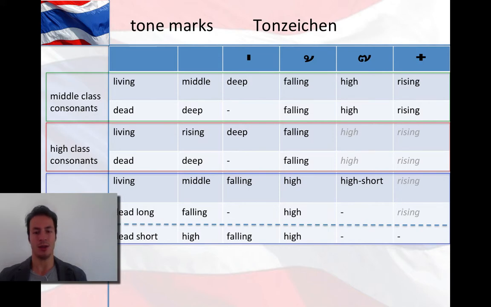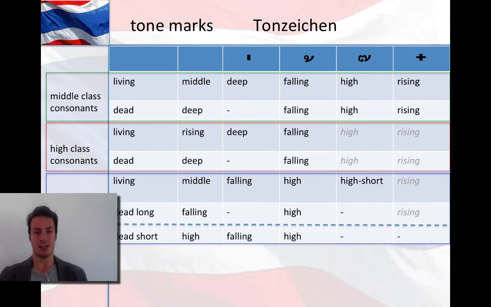It's not that difficult at all, and you can also see that within the actual boxes of the same colored consonant classes, many tones are the same. Then there are some tones in gray writing. Es gibt einige grau geschriebene Töne hier.